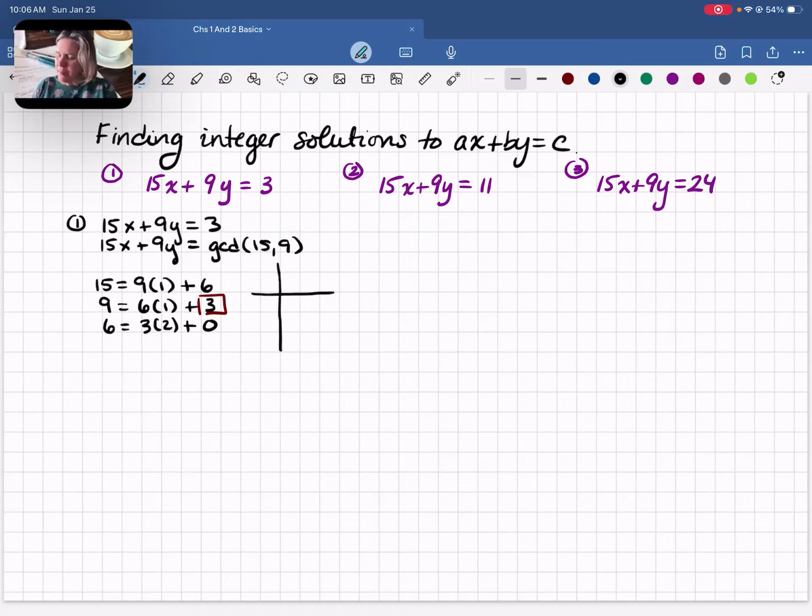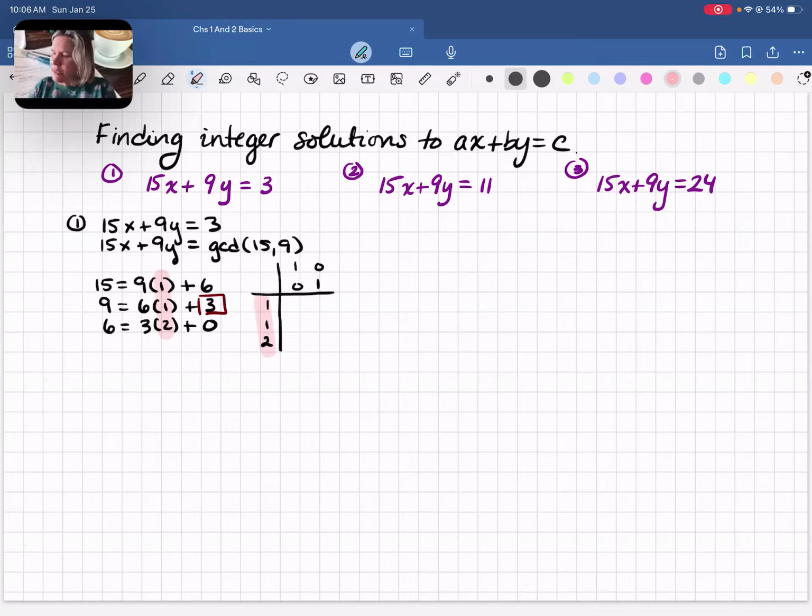Up here, I'll make this table. In the two columns on the right, I'll put 1, 0, 0, 1, which I can remember because it looks like the identity matrix. Over here on the left, I'll put 1, 1, 2. That comes from the quotients in my Euclidean algorithm.